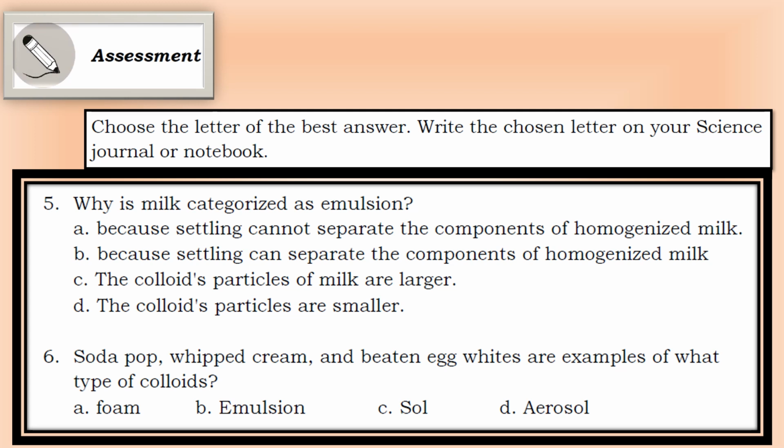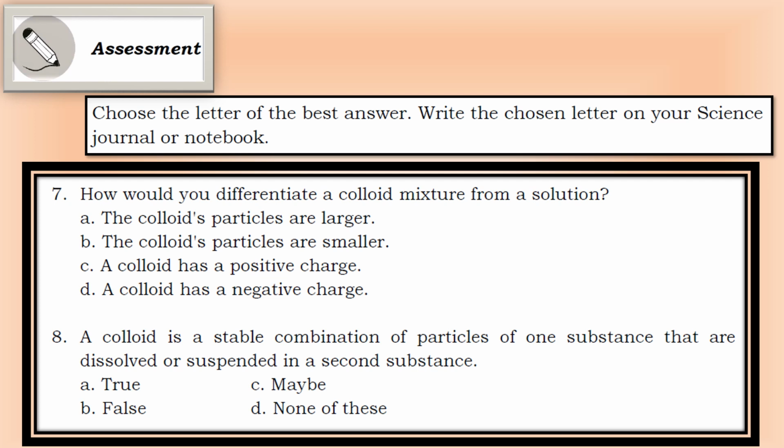Number 6. Soda pop, whipped cream, and beaten egg whites are examples of what type of colloids? A. Foam. B. Emulsion. C. Sol. D. Aerosol. For number 7, how would you differentiate a colloid mixture from a solution? A. The colloid's particles are larger.